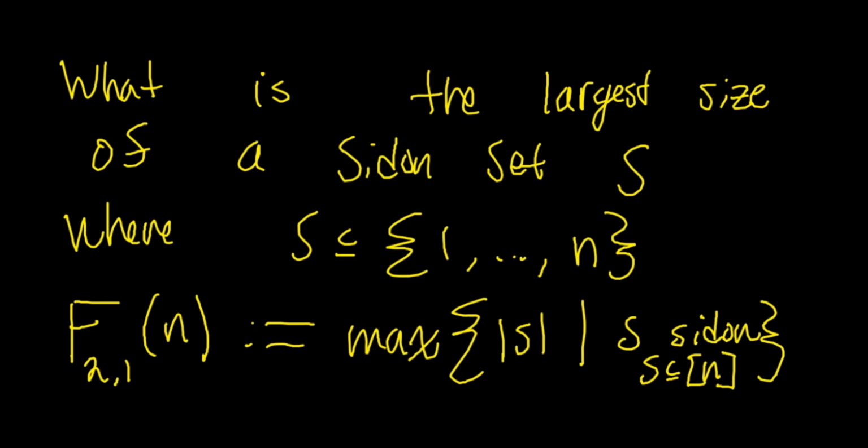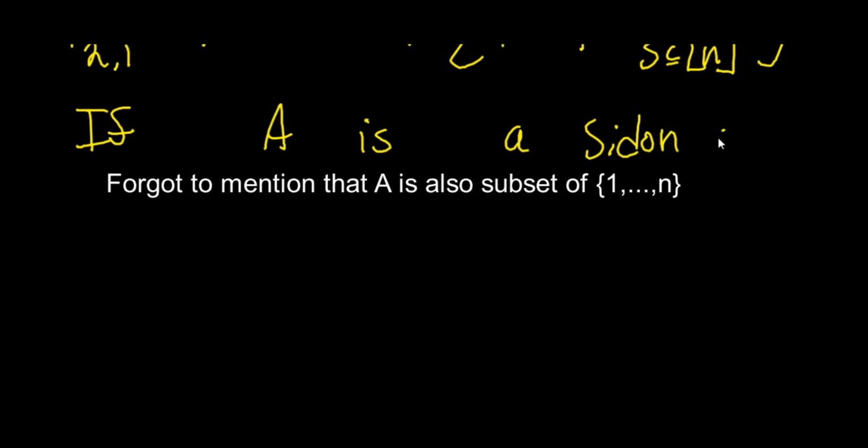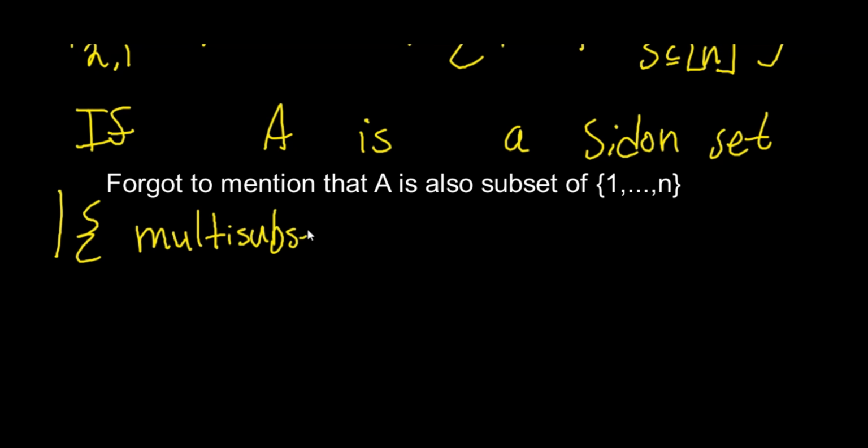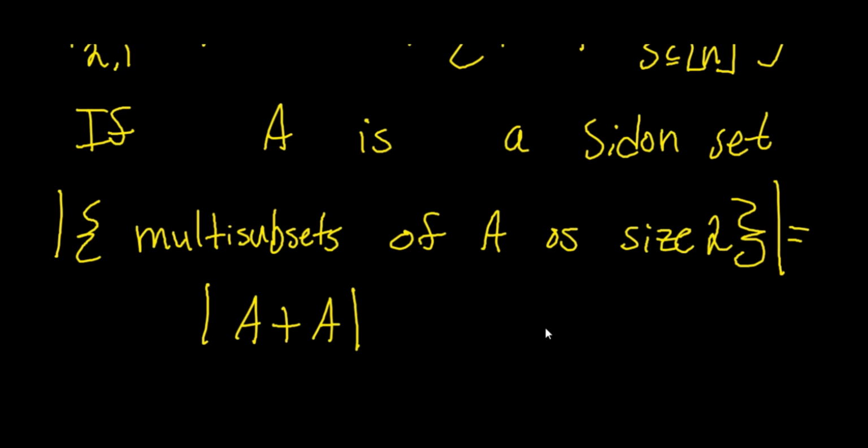And we can actually obtain an upper bound on this value by observing that if A is a Sidon set, then the size of the set of all multi-subsets of A of size 2 is exactly the same as the size of the set of all sums of 2 elements from A. Note that A plus A is just shorthand for the set of all sums of 2 elements from A.